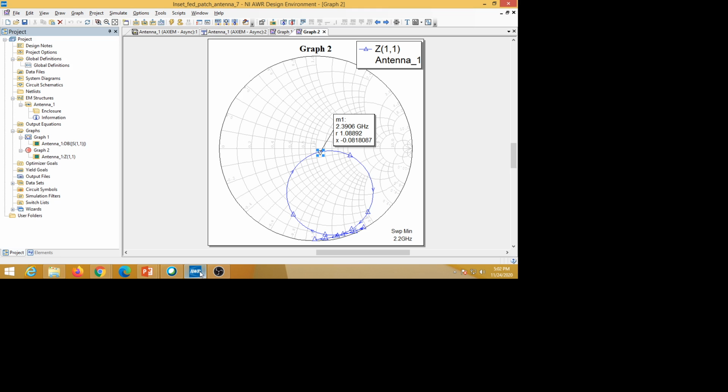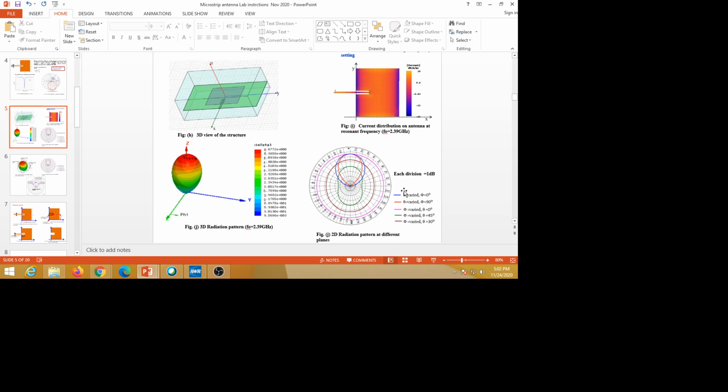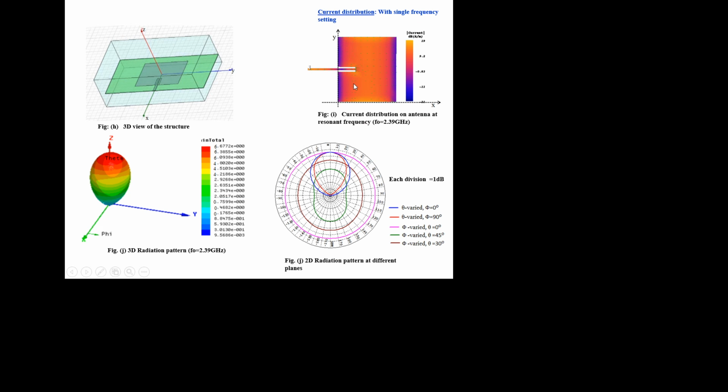Okay, so to do that, in the simulation tool, to draw the first one, we will see the current distribution. Okay, so the current distribution we will plot first. So what is the current distribution? The current distribution must be maximum at the center and minimum at the edges here. That plot must come.